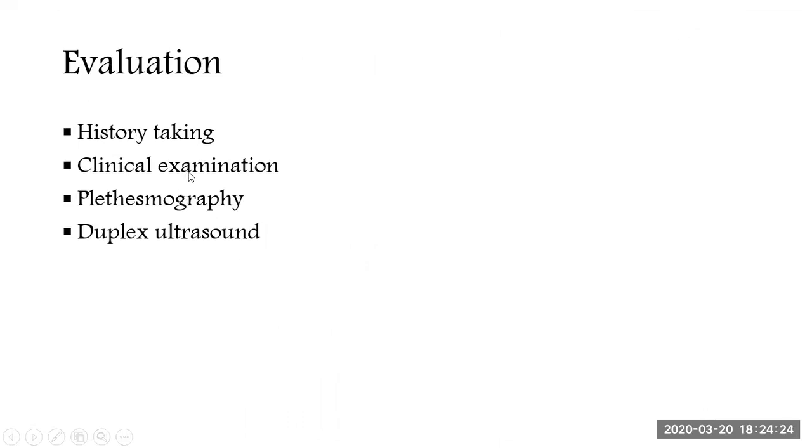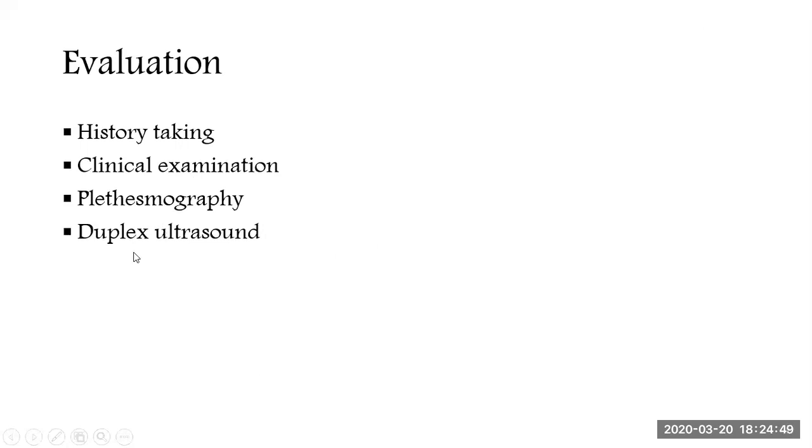Together with the clinical examination we have given before, we have what's called the plethysmography. This plethysmography, before the developments in the duplex ultrasound, was used to diagnose the presence of these varicose veins by finding the change in the volume of the lower limb in relation to the venous flow.